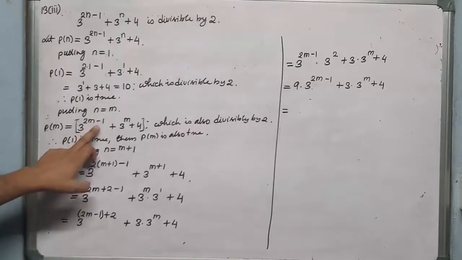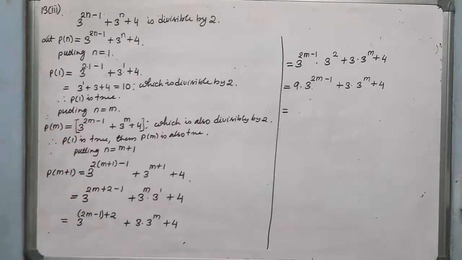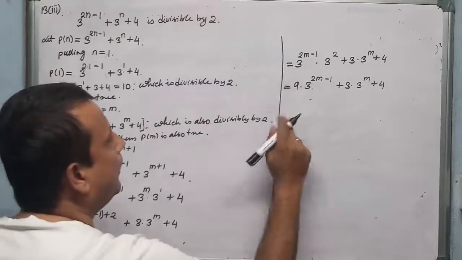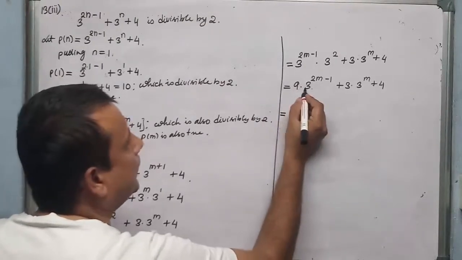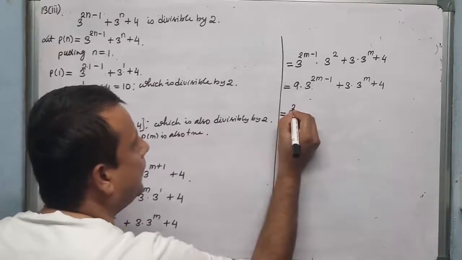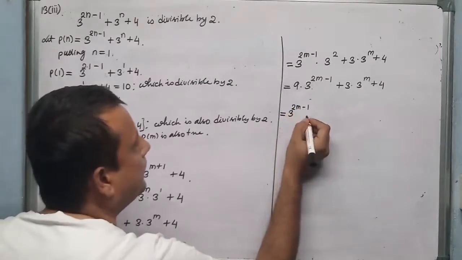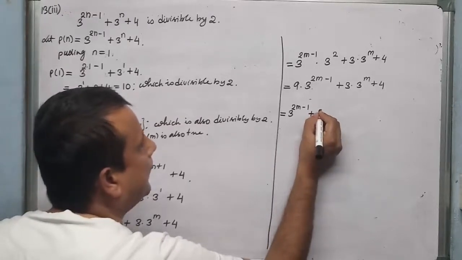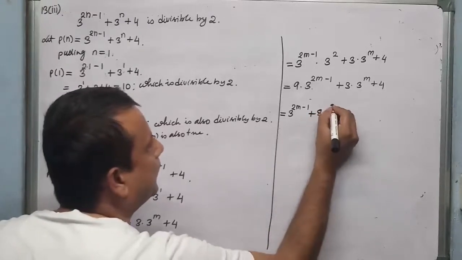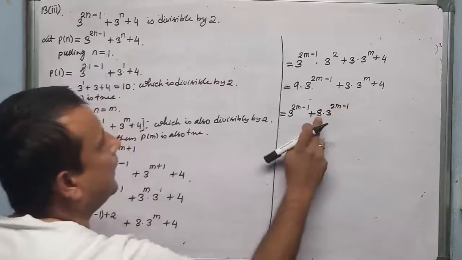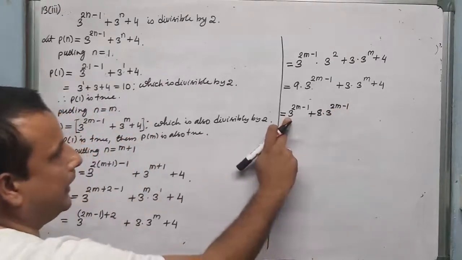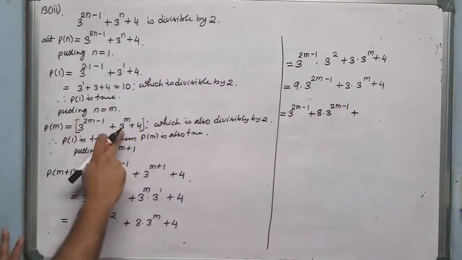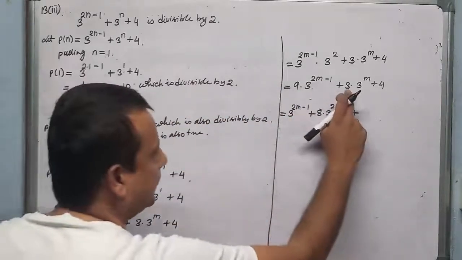Now I'll adjust this quantity over here. Of 3 to the power 2m minus 1, only one quantity is required, but over here we have 9 quantities. So I'll write only one: 9 into 3 to the power 2m minus 1 is 3 to the power 2m minus 1 plus 8 into 3 to the power 2m minus 1. 8 plus 1 is 9. Now over here we require only one 3 to the power m, but we have 3 quantities.